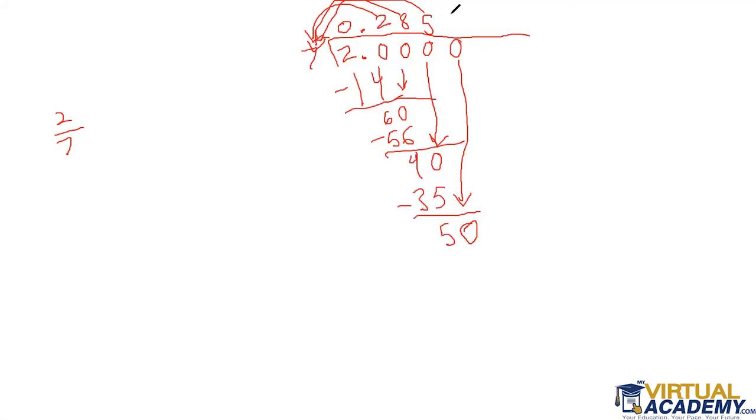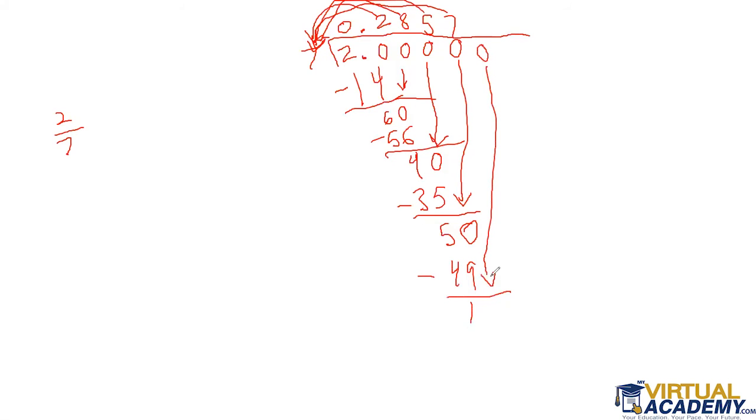Seven goes into 50, what, 7 times? Because 7 times 7 is 49. Subtract that, we get a 1. And we're still not getting 0. So we have to keep going. Create a 0.